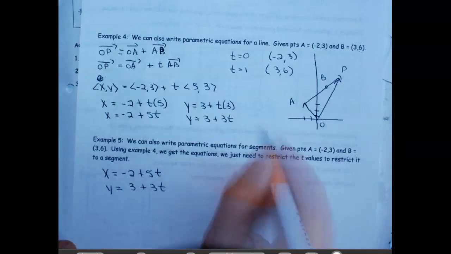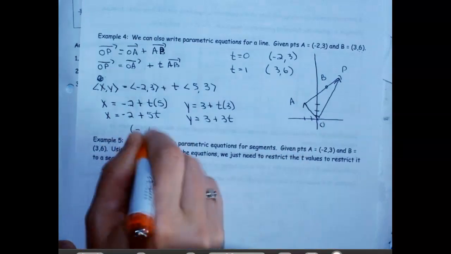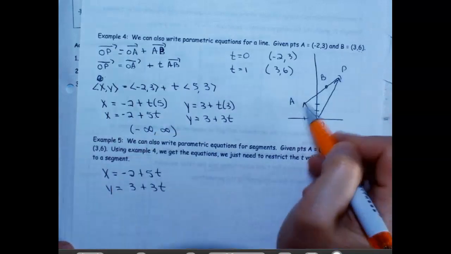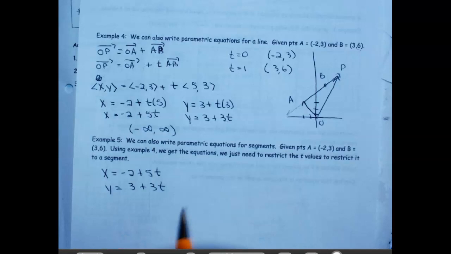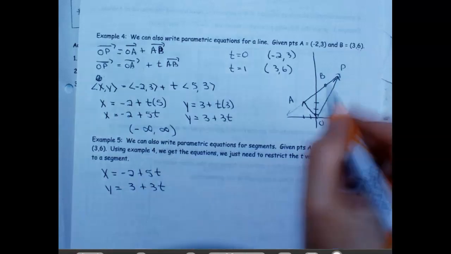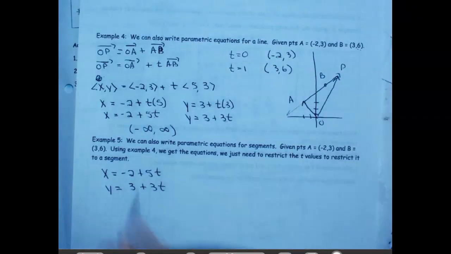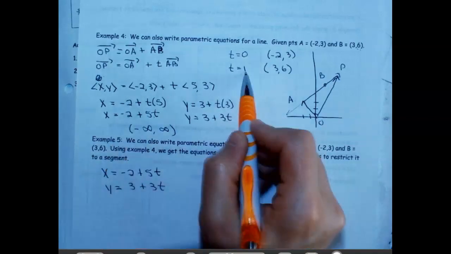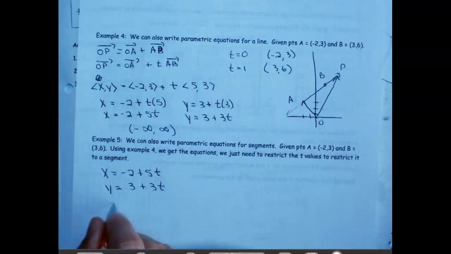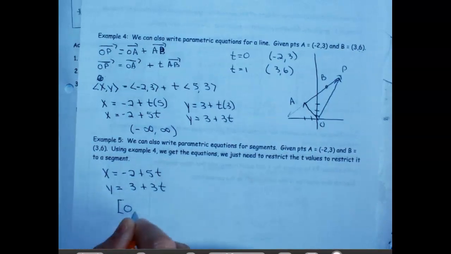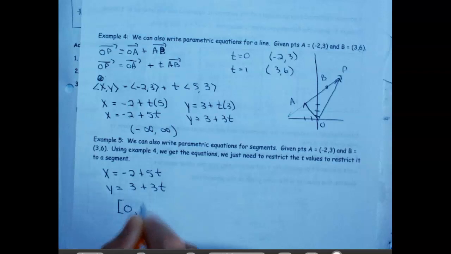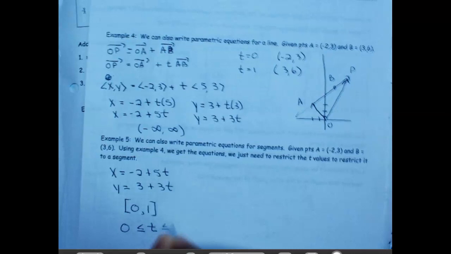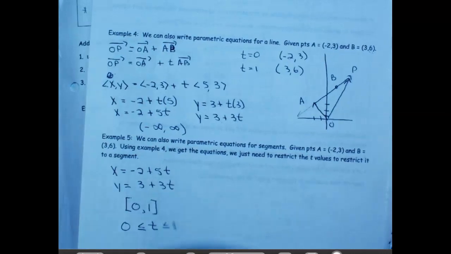The only difference here is our t values can go from -infinity to infinity because we wanted the whole entire line. In this particular case, all we want is the segment from here to here, and that was produced by these t values here. So we would restrict t to be between 0 and 1, so 0 is less than or equal to t, which is less than or equal to 1.